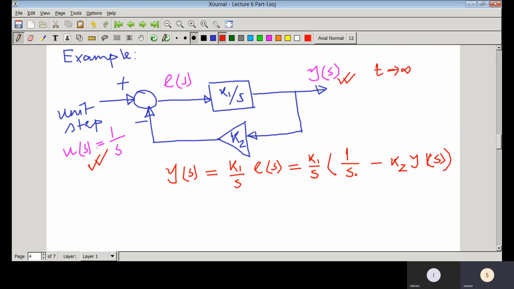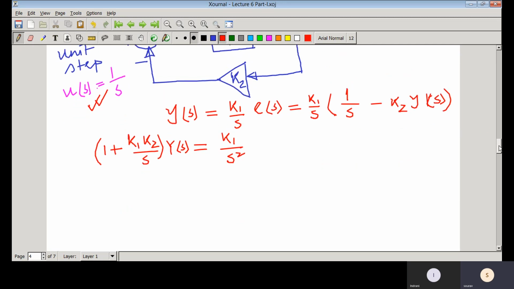Now if you simplify, this is a simple algebraic equation: take the right hand part to the left, and you get (1 plus K1 K2 divided by s) into Y(s) equal to K1 by s square.